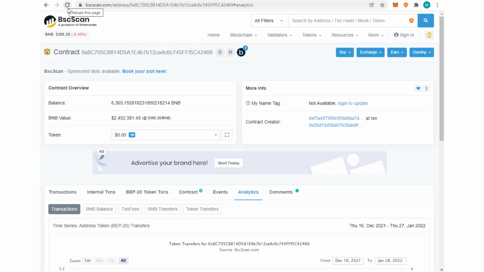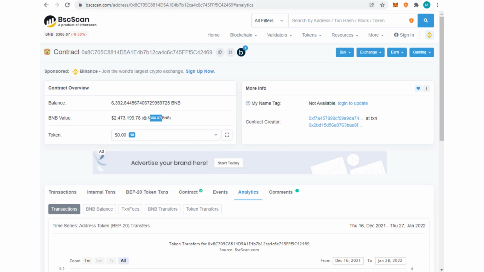I'll come here and you'll see it says about 63,000 coin. I'm going to refresh it, and the number of coins has increased, and I see the current dollar value of this coin is 386.87.